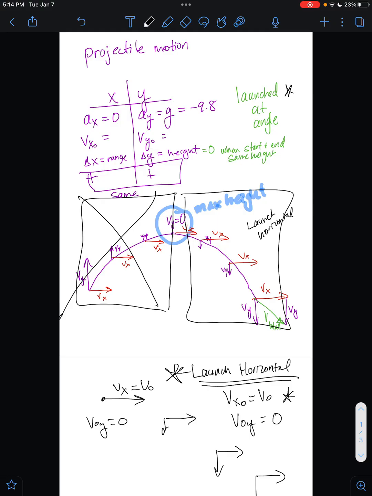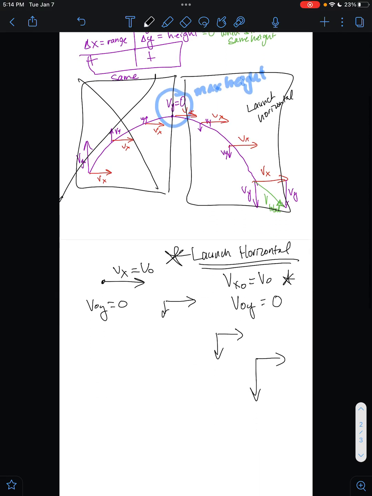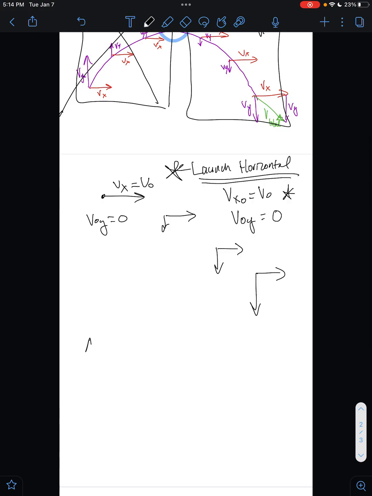In both of these problems, in order to solve for the time, you use the bulldozer in the y direction. You use your y information to solve for the time. So if you're launched horizontally, your y velocity is 0. The height that you fall is the height that you fall down, so it's negative the height of the table.